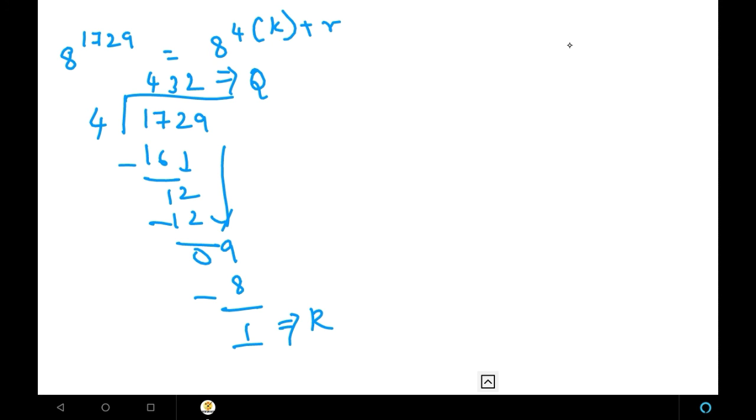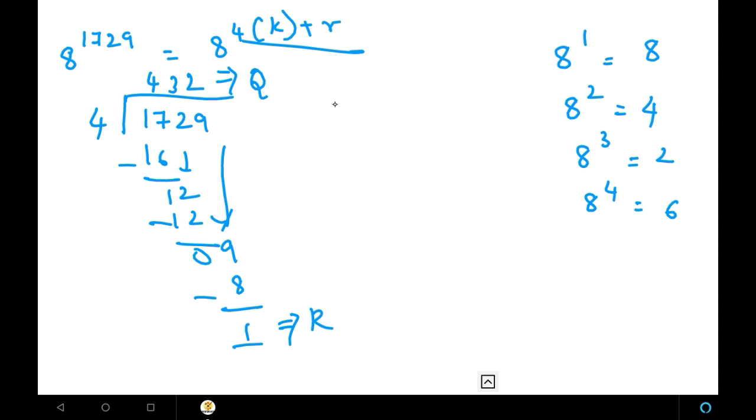We also know the values: if the remainder is 1, then the units place is 8. If the remainder is 2, then the units place is 4. If the remainder is 3, then the units place is 2. If the remainder is 4, then the units place is 6. We know these 4 values. So let me write this exponent in this form. 8 power 1729 is written in the form of 4 into k plus r.